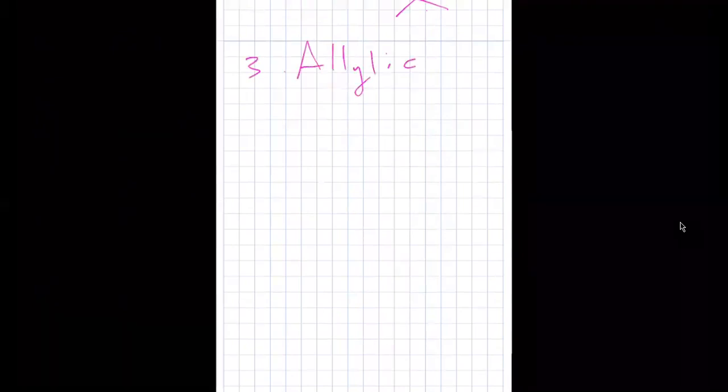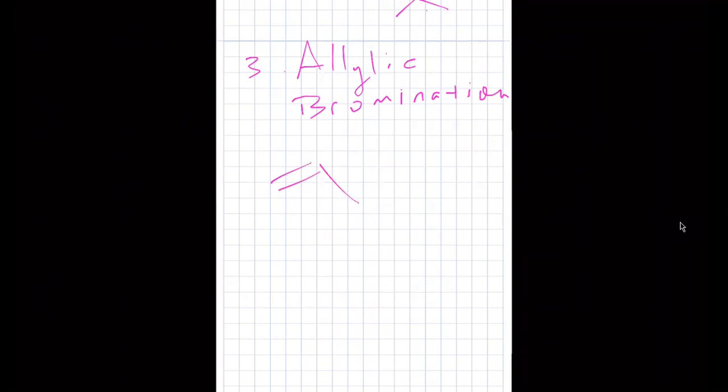We're going to learn allylic bromination, and I'm going to explain what all the reagents are. In order to do allylic bromination, you need NBS, which I'll show you what that is in a minute, and then light. So allylic bromination is also a radical process. It goes through a radical mechanism.